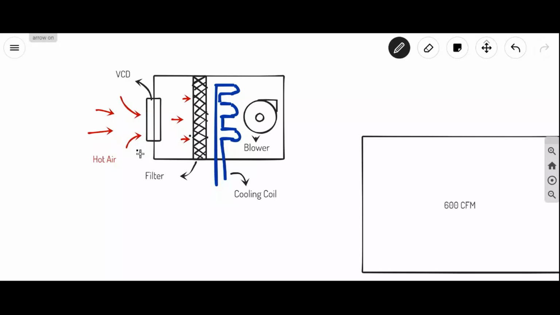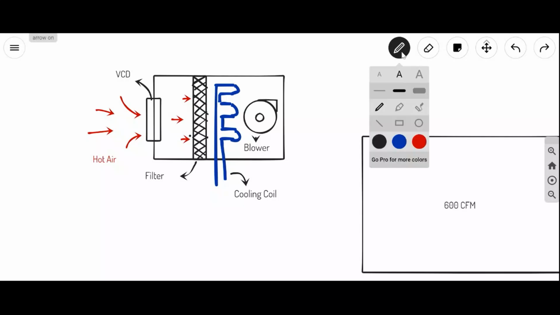Now this air will enter into the filter. In the filter, the impurities like dust particles or some unwanted particles are getting filtered near the AHU, near the filter. Now after the filter, this air moves near to the coil. Where is it moving?